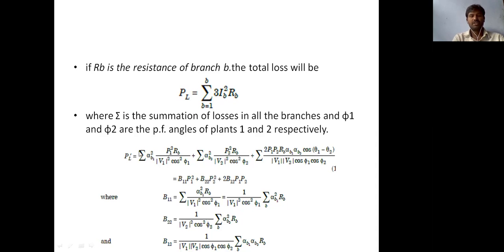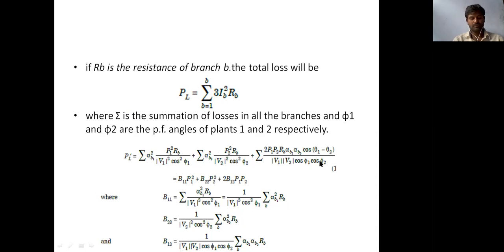So finally P_L equals sigma alpha_B1 squared P1 squared R_B by V1 squared cos squared phi 1, plus sigma alpha_B2 squared P2 squared R_B by V2 squared cos squared phi 2, plus the summation of 2 into P1 and P2 R_B alpha_B1 and alpha_B2 cos(theta 1 minus theta 2) by V1 and V2 cos phi 1 into cos phi 2.